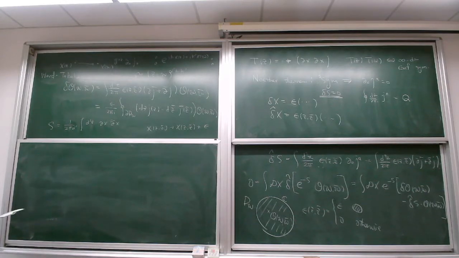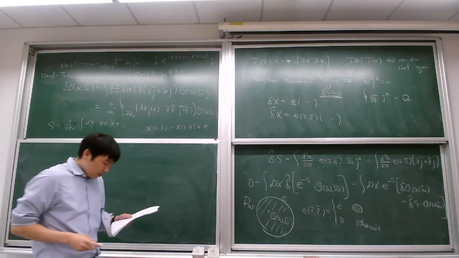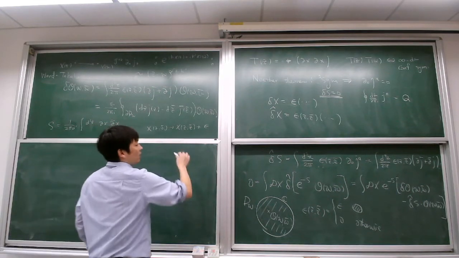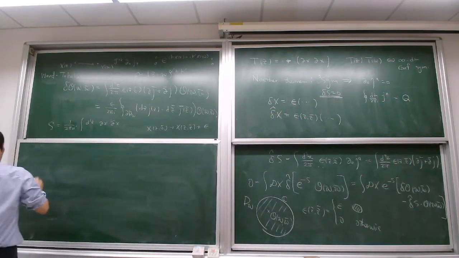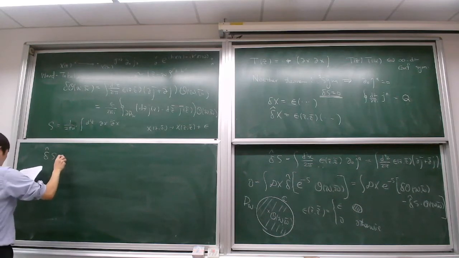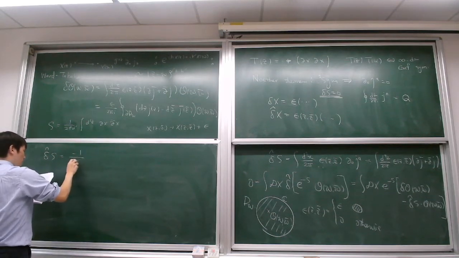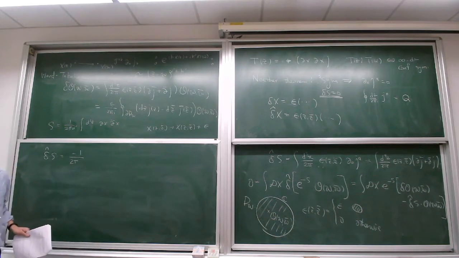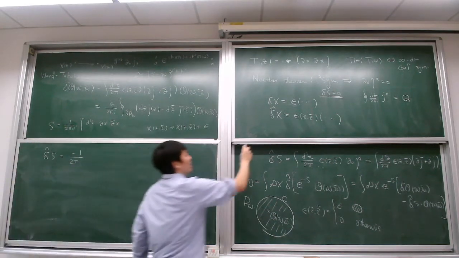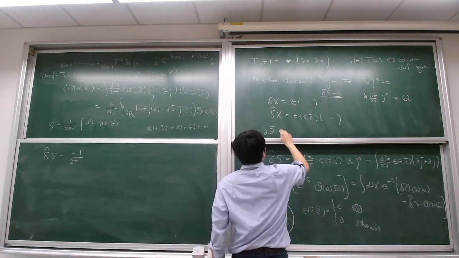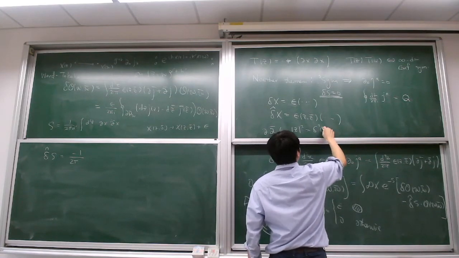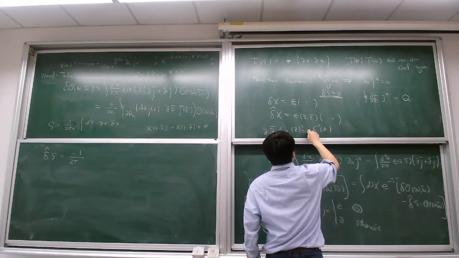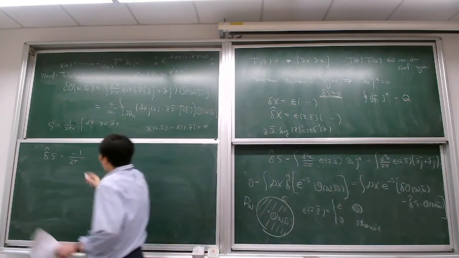But now we can upgrade epsilon to depend on the coordinates. Then delta hat S can again be written as 1 over 2 pi alpha prime. I need to fix this issue, but after that, this one.